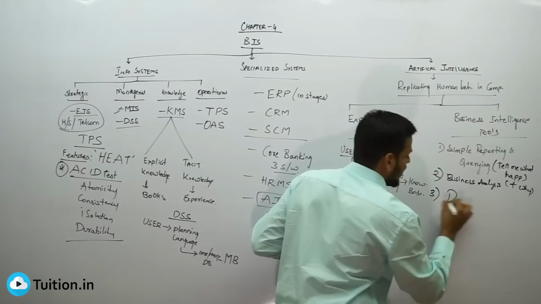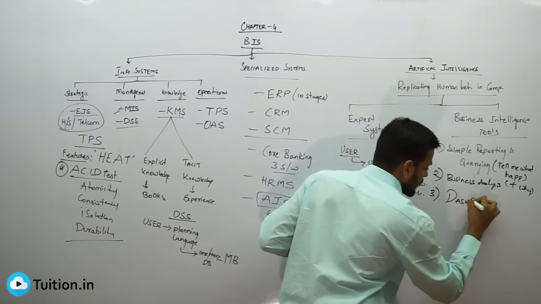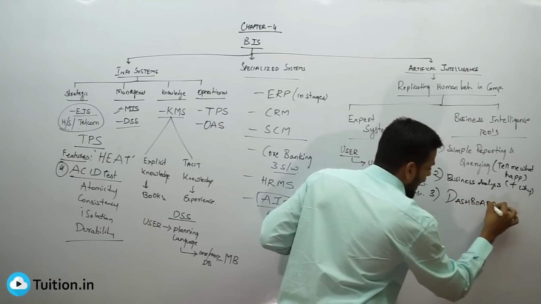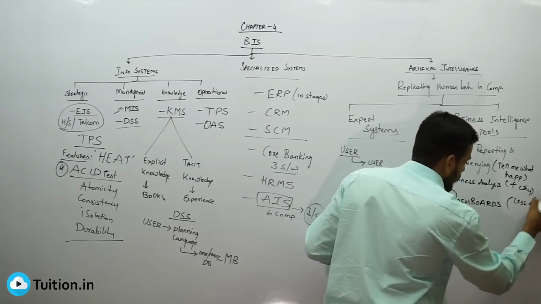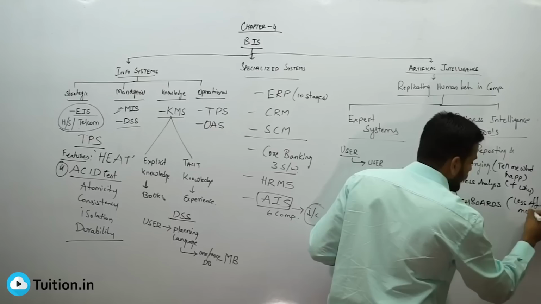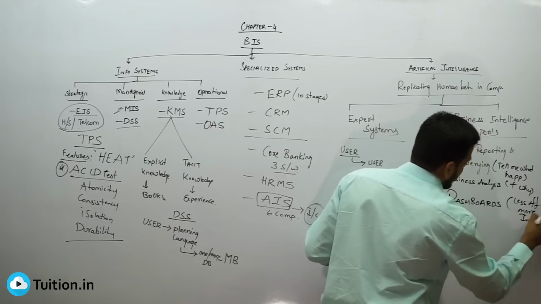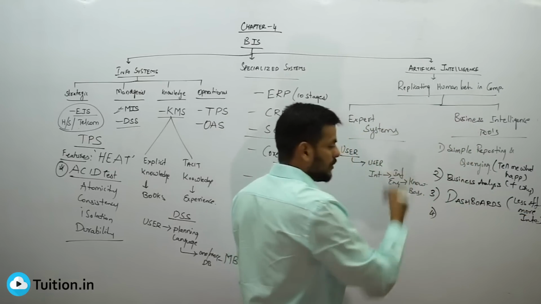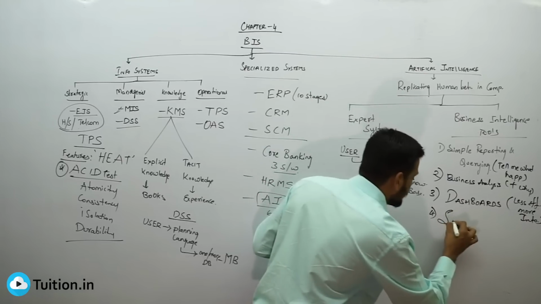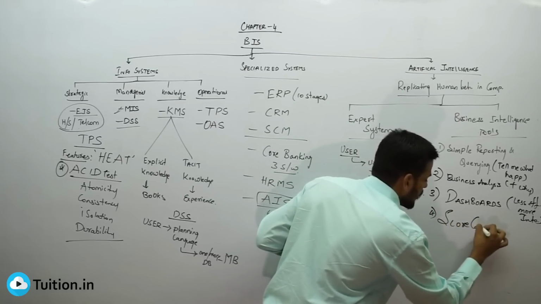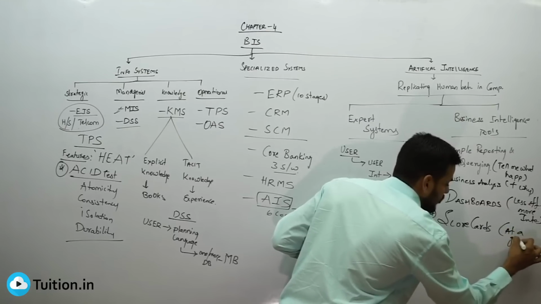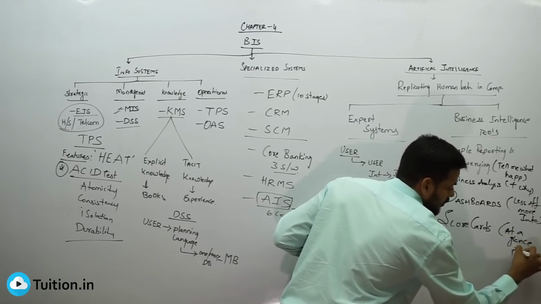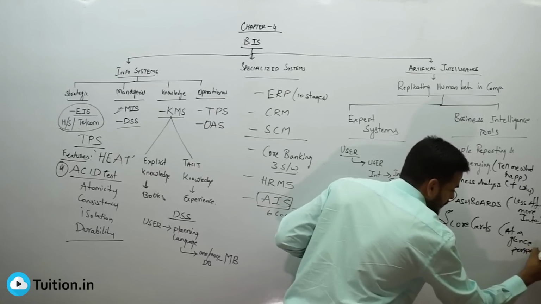Then we have something called dashboards. Dashboards are something where we talk about what? Less effort, more information. That is the logic of dashboards. And then point number 4, we're talking about something called scorecards, where we're giving an at a glance perspective.